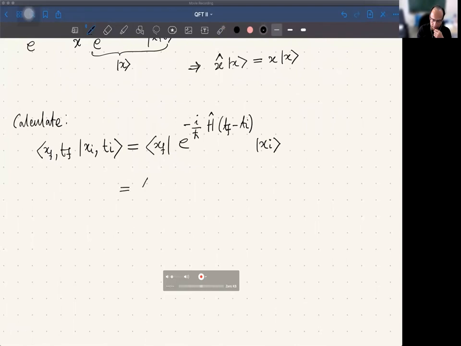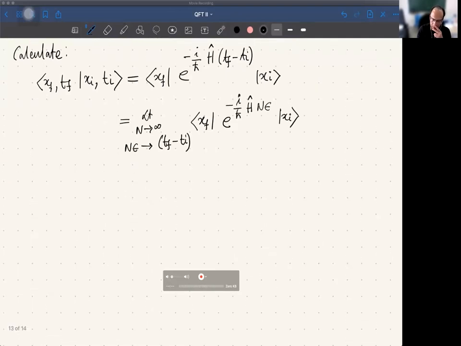So n goes to infinity, n epsilon goes to t_f minus t_i, finite. This is x_f e to the power minus i over h bar H hat epsilon, to the power n, x_i. This operator can be written as a factor of the time evolution operator, e to the power minus i by h bar H hat epsilon, n times.